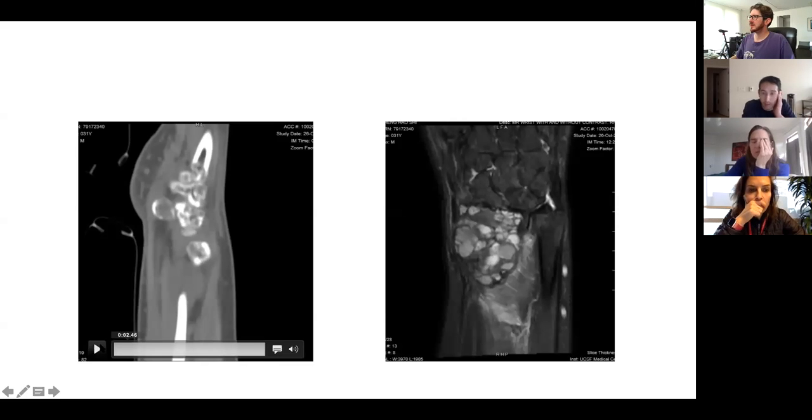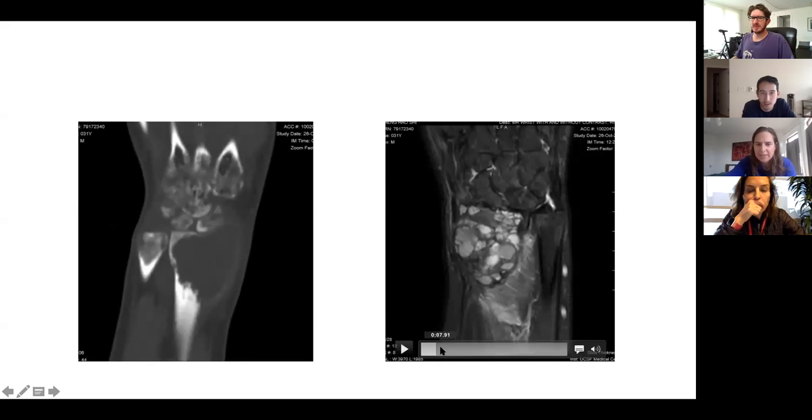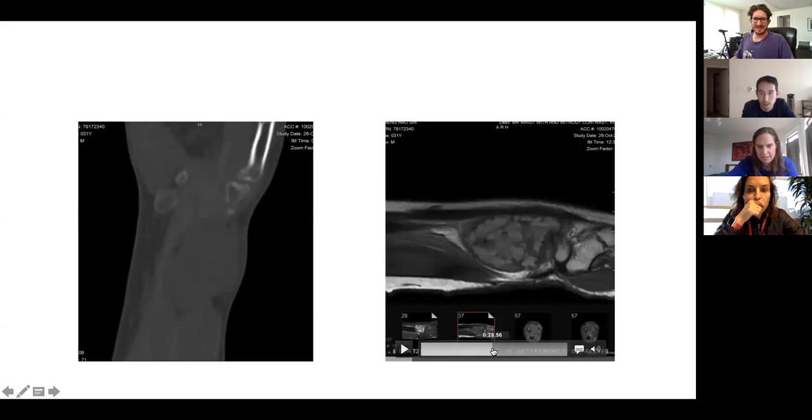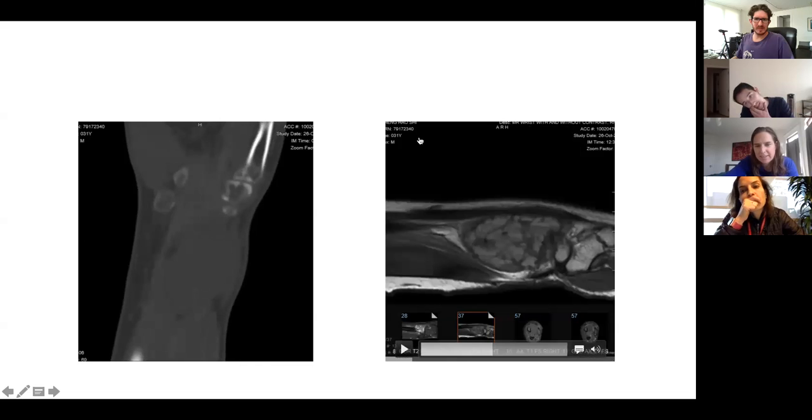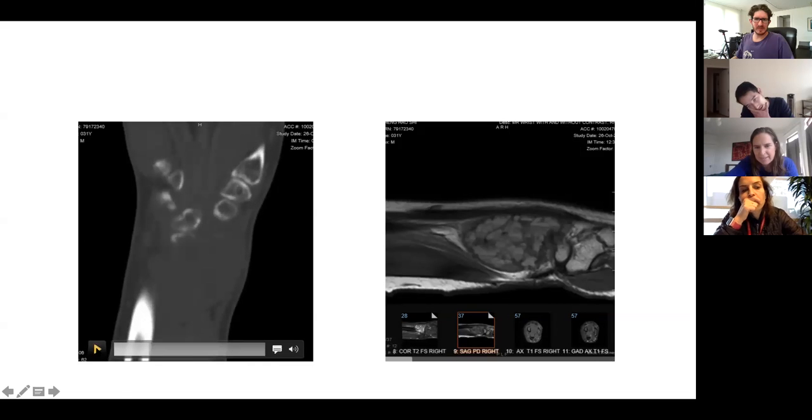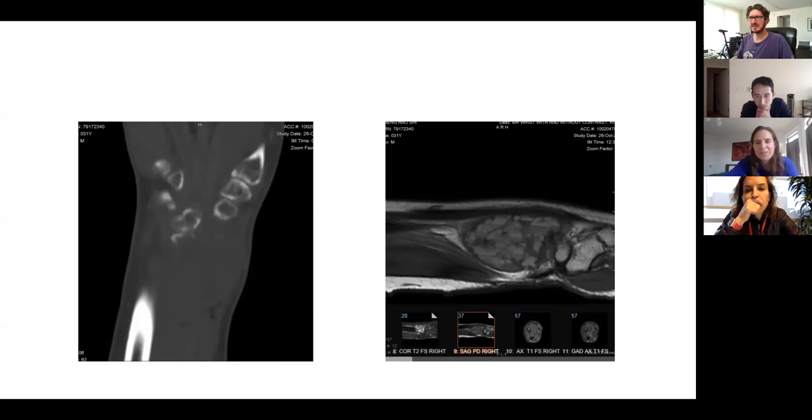Can you scroll through the MRI so we're looking at the sagittal or the axial? What do you see there? It's cystic, let's say, like multiple fluid levels.